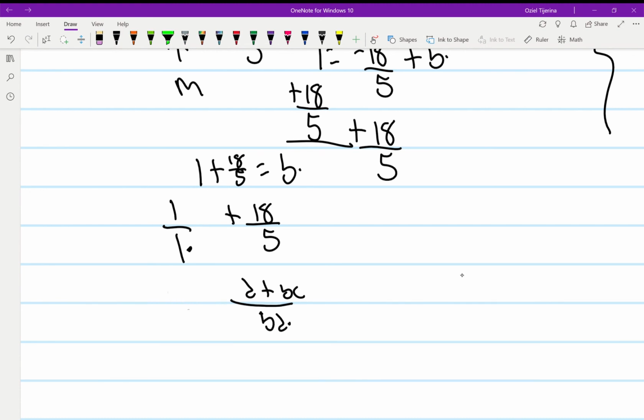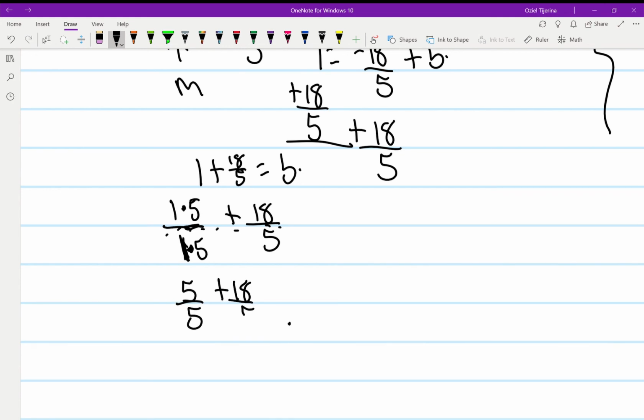Basically the bottom part has to be the same, okay? It has to be the same number, because you cannot add fractions without them having the same denominator, okay? So what I would do is I would just multiply by 5 on top and bottom. So what you do to the bottom, you do to the top, and you have 5/5 plus 18/5 is equal to b, okay?